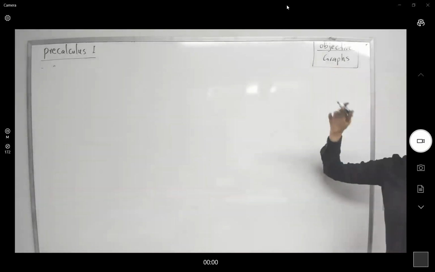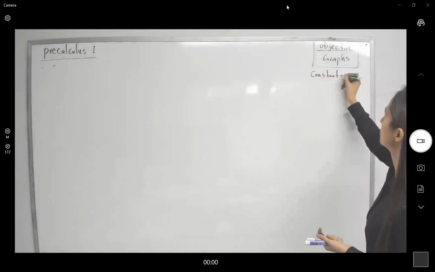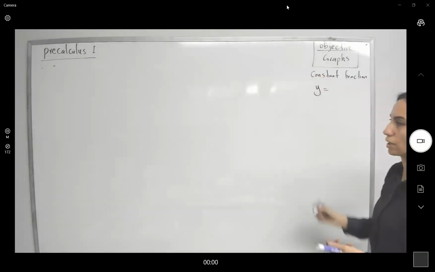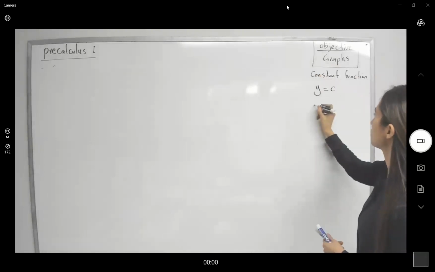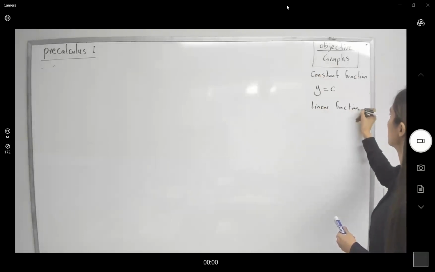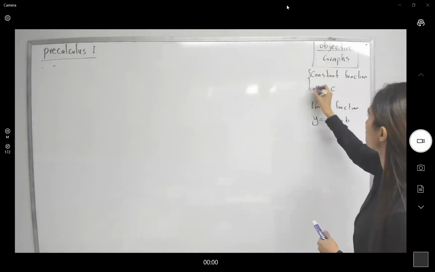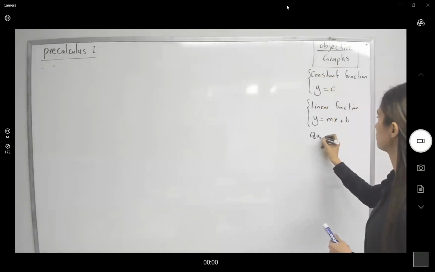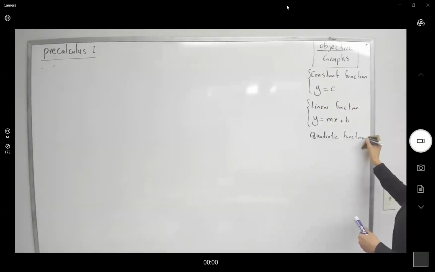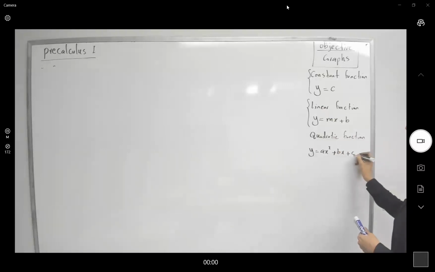So the very first function, the simplest function, is the constant function, y equals a constant like c. Then we have a linear function, which is y equals mx plus b. Then we have a quadratic function, which is y equals ax squared plus bx plus c.